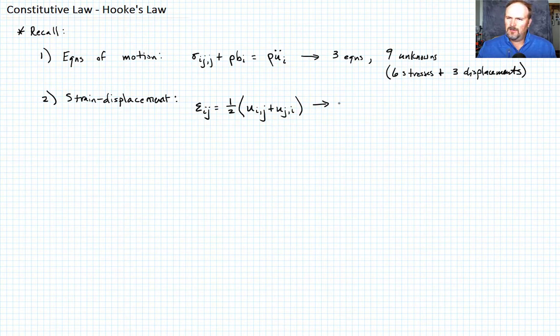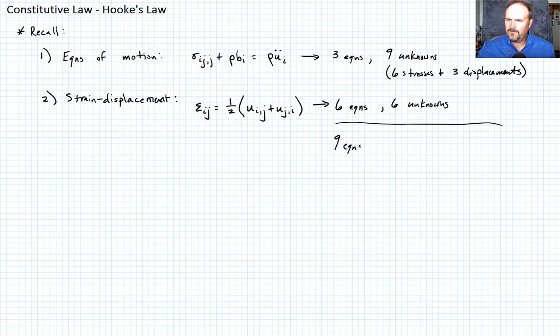So this gives us 6 equations, but it also introduces 6 more unknowns. So if I tally this up, so far I have 9 equations, and I have 9 plus 6, 15 unknowns.